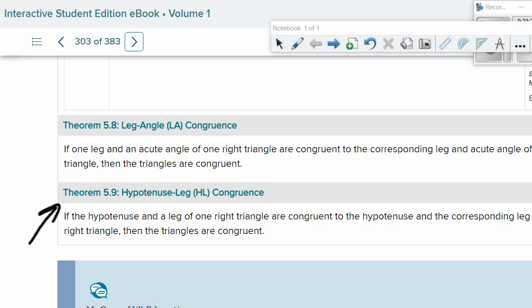Okay. Now, if you remember, a hypotenuse is the longest side of a right triangle. So if you could draw 2 right triangles, please, looking kind of similar.